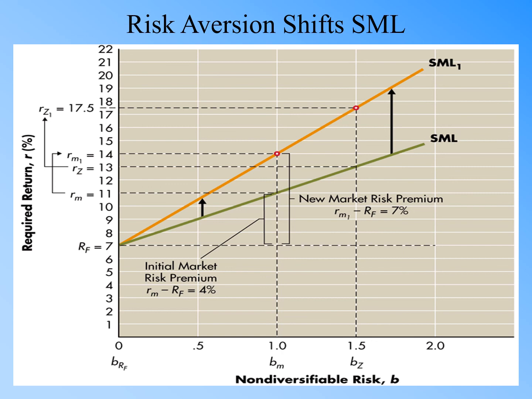And the slope of the new SML line has changed. This means that now the investors are requiring more return for the same level of risk they were bearing in the old SML. So in this way, risk aversion can also shift the security market line.